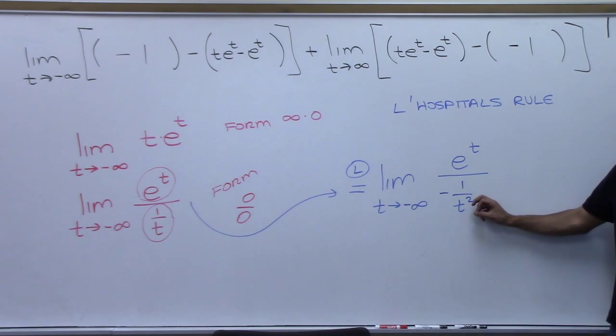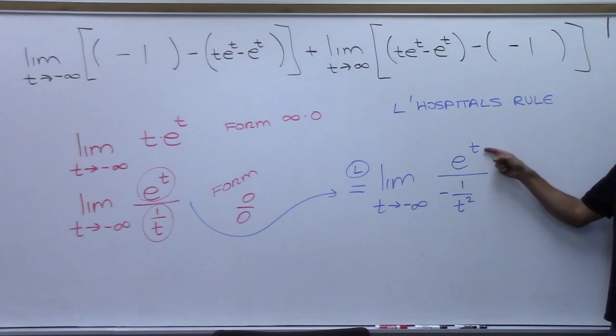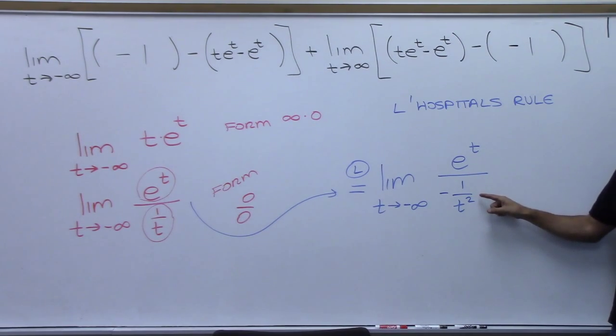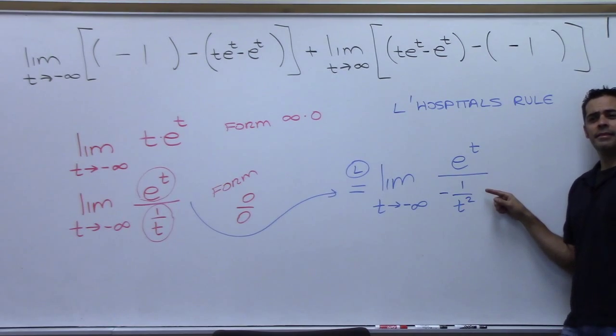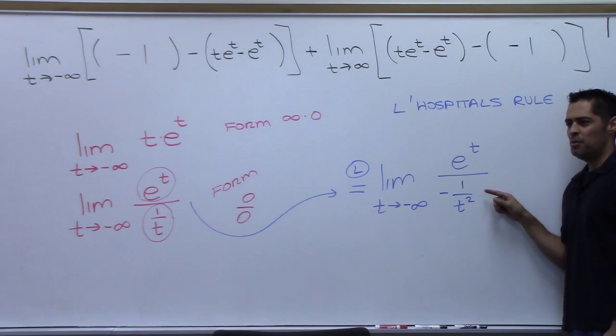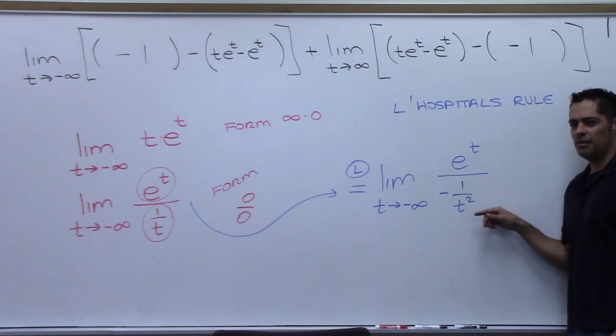So we could do it again. Let's think about what would happen if we did it again. The top would go to 0, and the bottom, the derivative is going to be something like positive 2 over t cubed or something like that. It just keeps on doing the same thing. So what does that mean? L'Hopital sucks, it's not worth it? It didn't. It means we might have dropped the wrong thing.